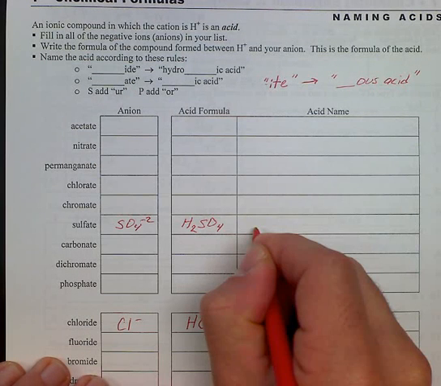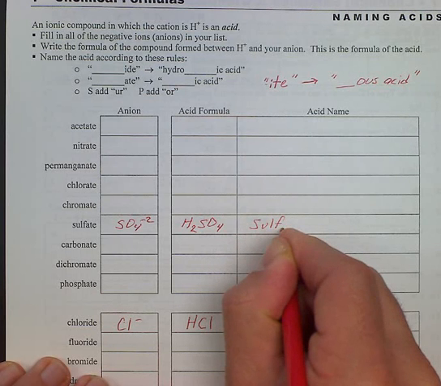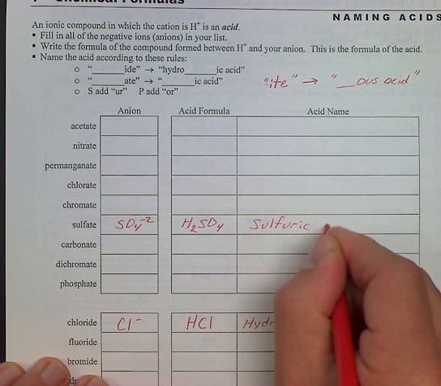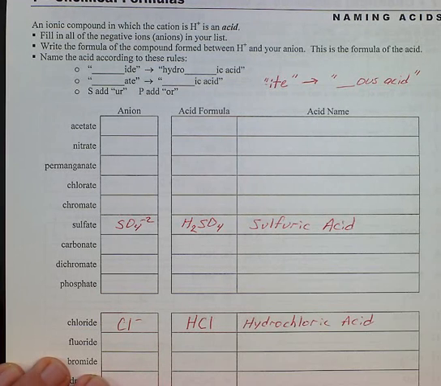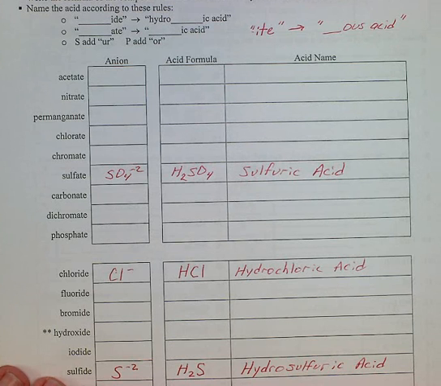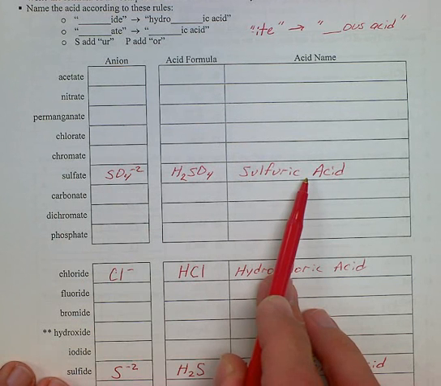So this is simply going to be sulfuric acid. So see the difference: sulfide is hydrosulfuric acid. Sulfate is simply sulfuric acid.